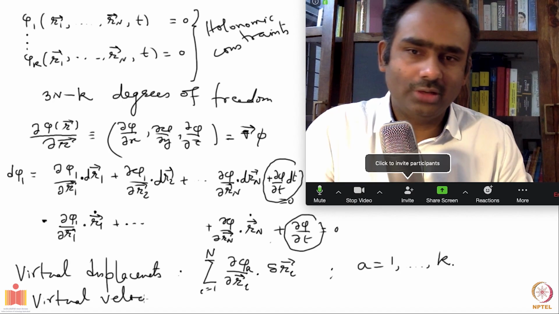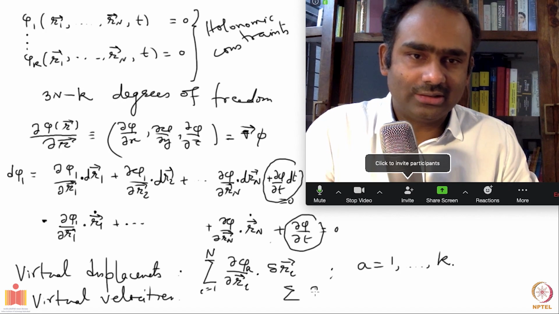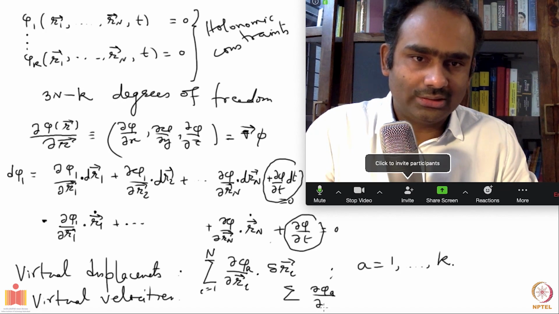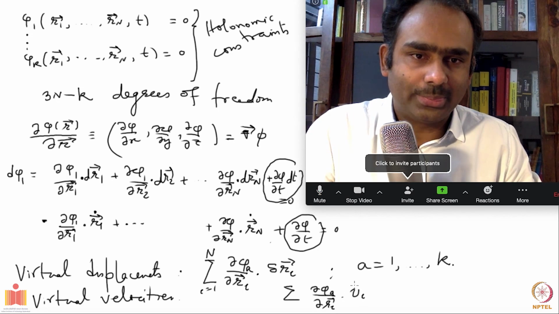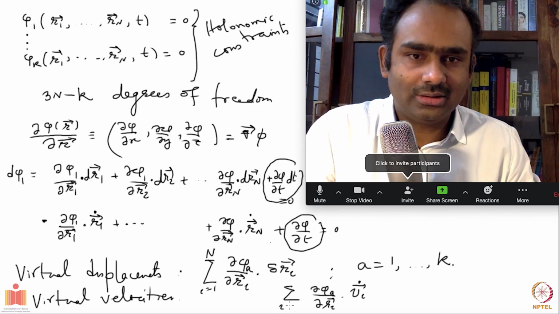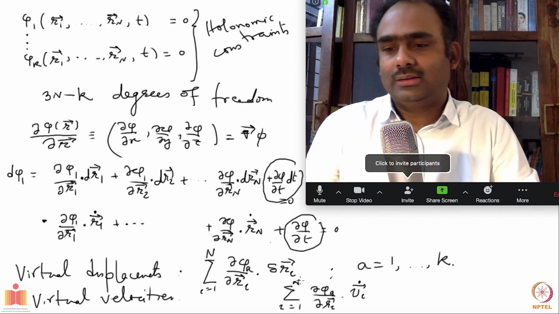And for your virtual velocities, you'll have summation ∂φ_a/∂r_i · v_i equal to 0. That's good.